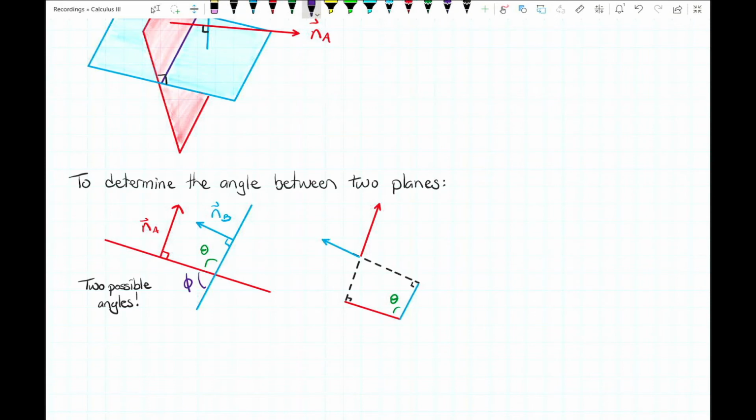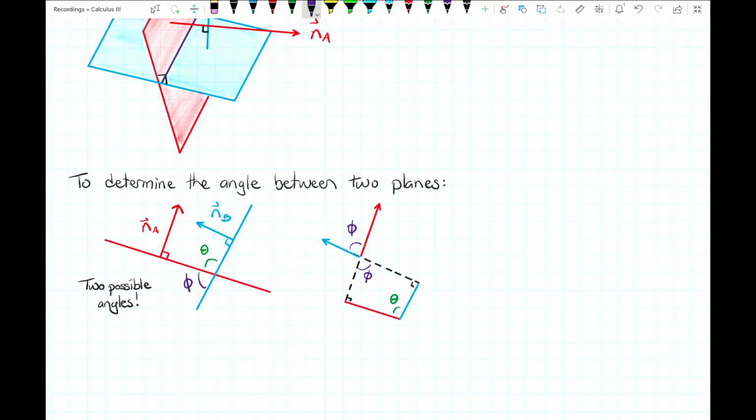Well, we already know that theta and phi add up to 180 degrees, so this angle at the top must be phi. We also have another property of intersecting lines from geometry, that the opposite sides of that intersection have the same angle. So the angle between our two normal vectors is also phi. We do know how to find that angle using our dot product.